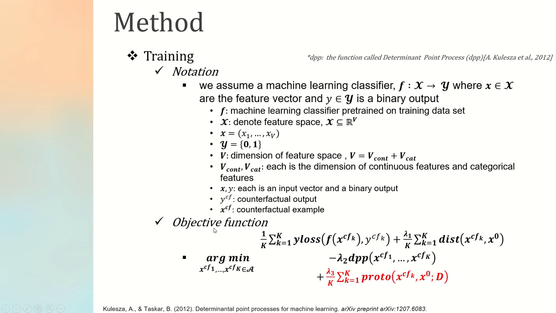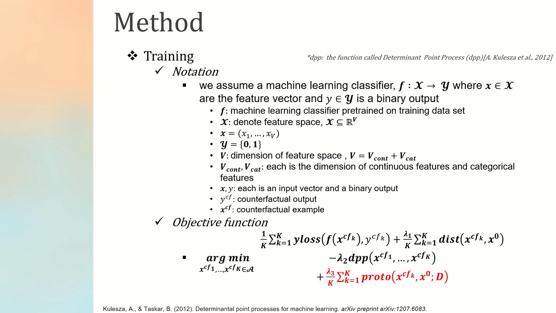So the objective function is composed of these 4 functions. First, the classifier prediction loss, and second is the proximity function, which is to make the counterfactual instance close to the input.